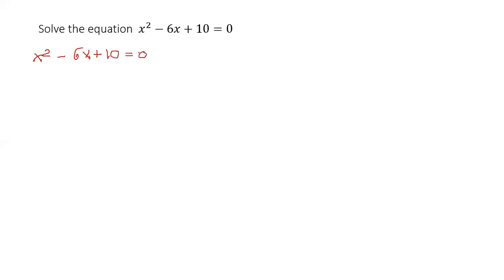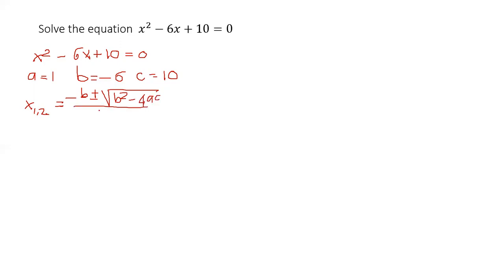We cannot factorize this quadratic equation, so we should use another method, using the formula, a equals 1, b equals -6, and c equals 10. And the ABC formula is x equals minus b plus or minus square root of b squared minus 4ac, over 2a.